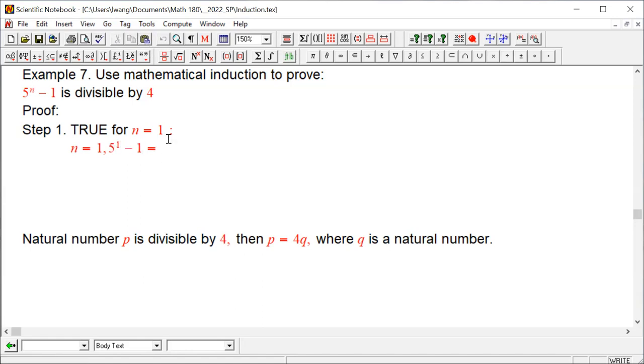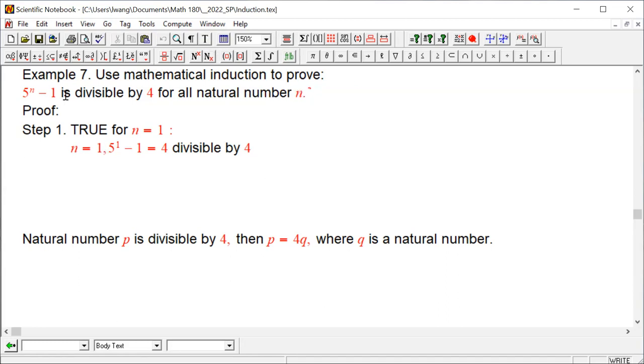That equals 4. 4 is certainly divisible by 4. So this is, of course, for all natural number n. So I'm just going to copy the whole question here.